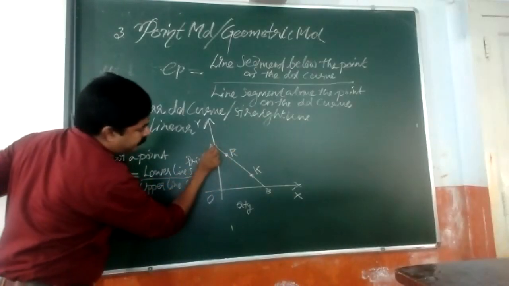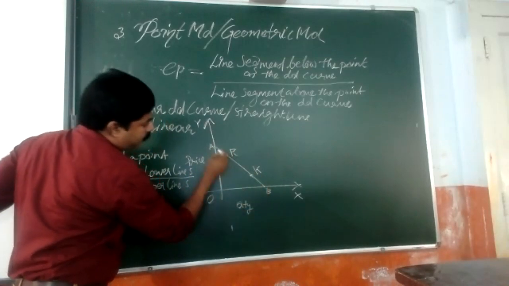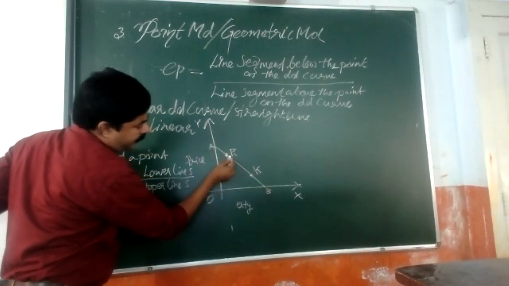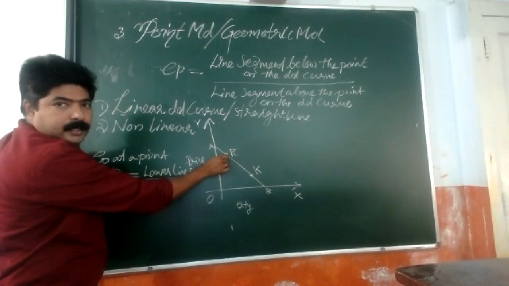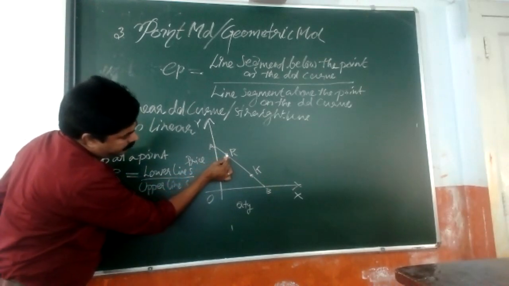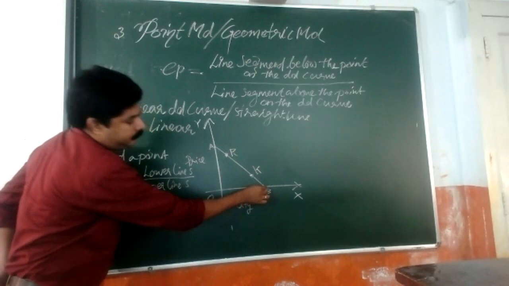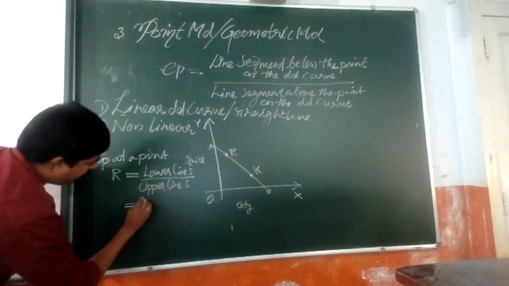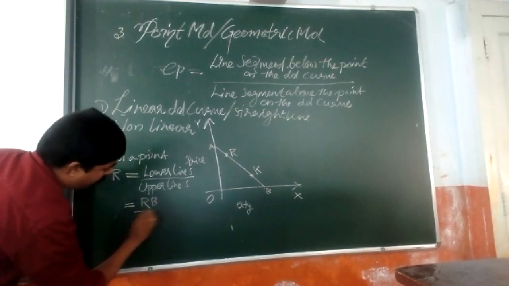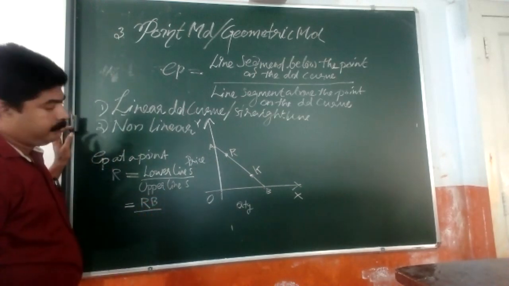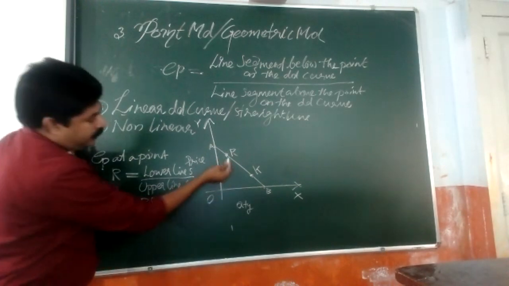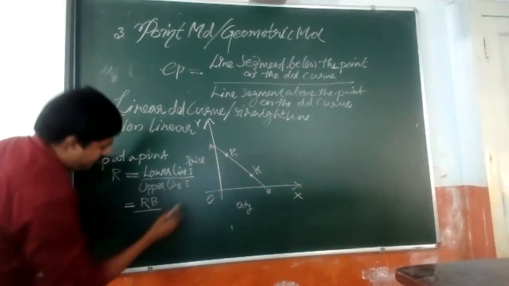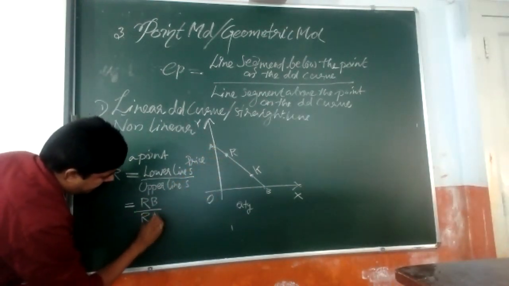Lower line segment: this AB is the line, and point R is a particular point. What is the lower line segment? RB. So we write here RB upon, what is the upper line segment? RA. So we write RA.